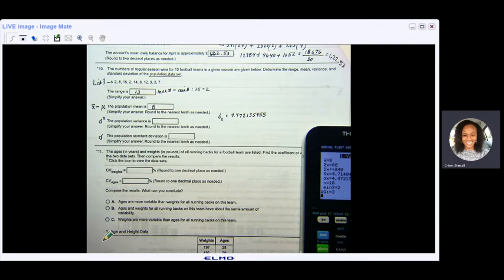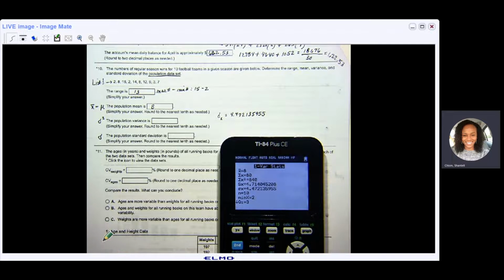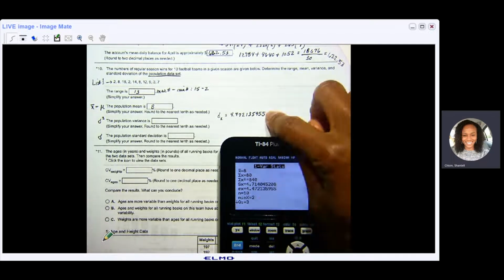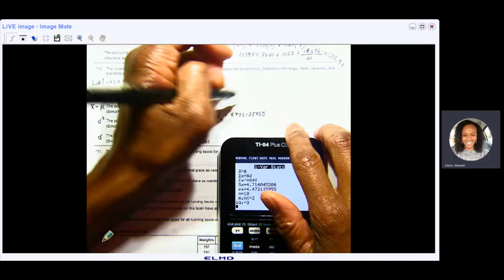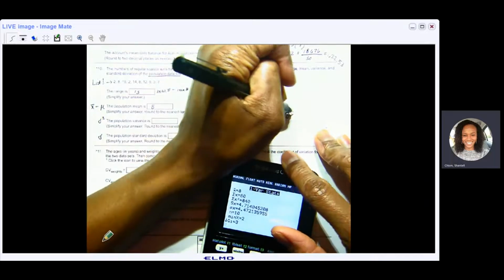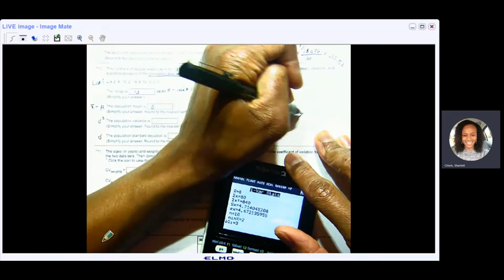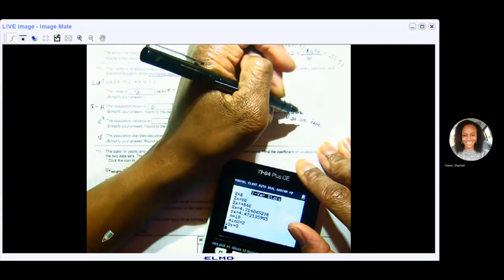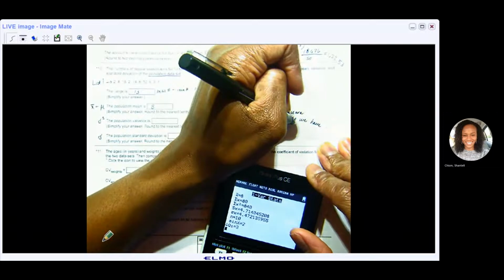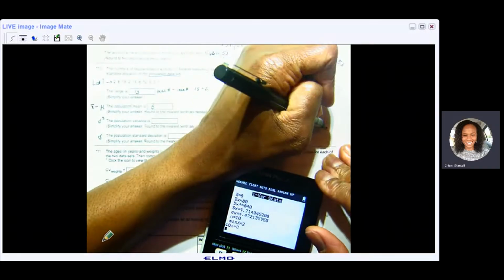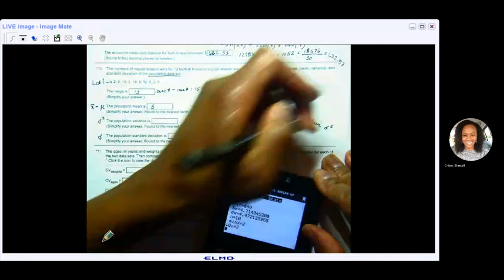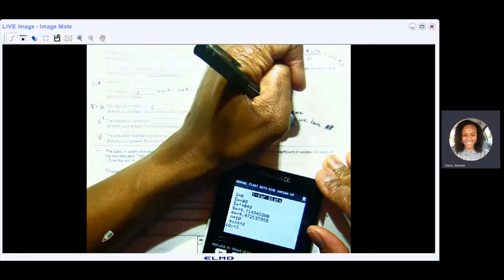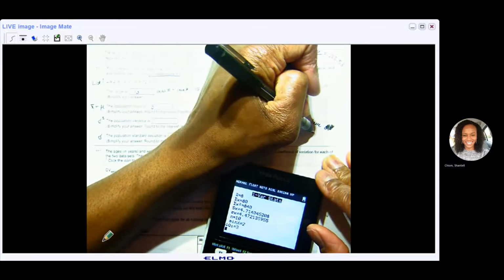All right, so we jotted that down, and now we're ready to take that number and square it so that we can get our variance. I should have written variance instead of the symbol. Let me put variance here.